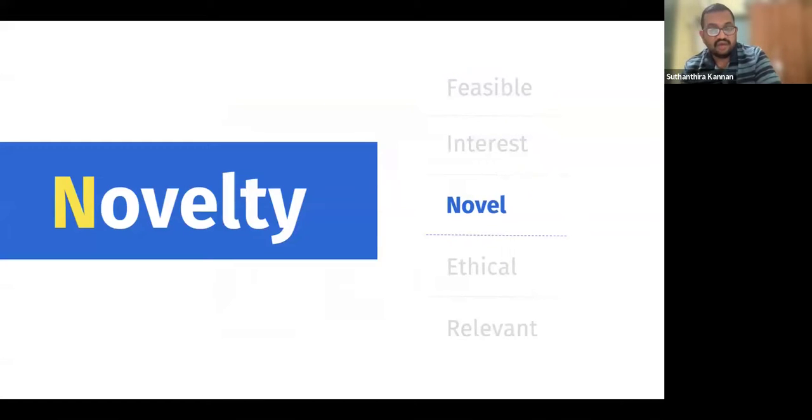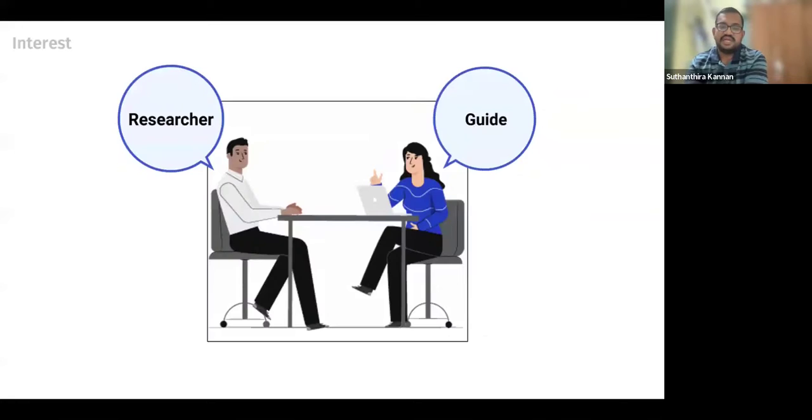Then novelty. This is another mistake you make. What is the first mistake? Without knowing the case load in your hospital, you directly start with the data collection. For any postgraduate you are doing, make sure you know the case load in the community and also in the hospital.